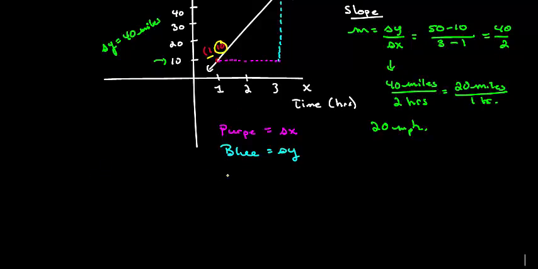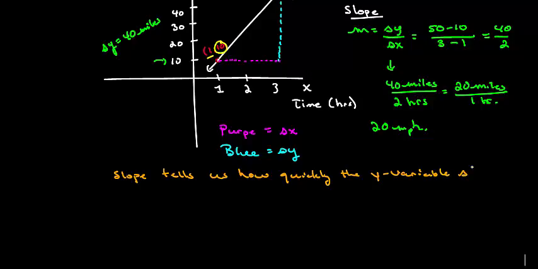So what does slope tell us? Slope tells us how quickly the y variable changes as the x variable changes.